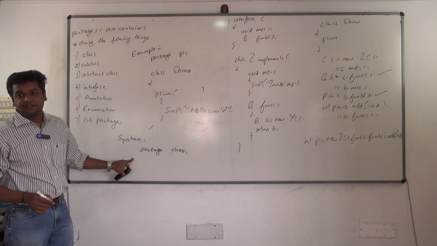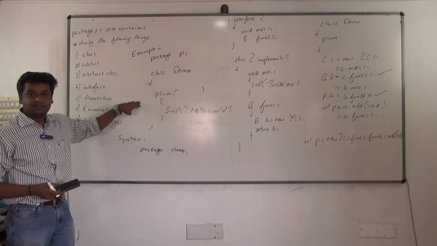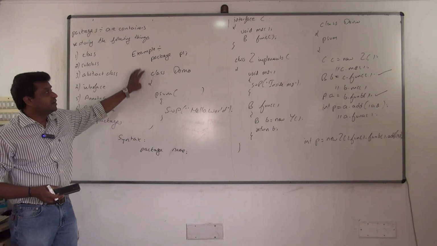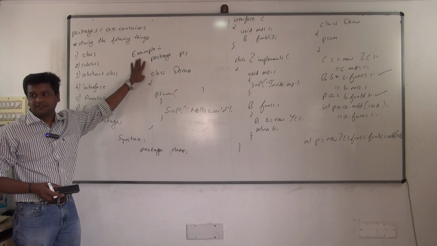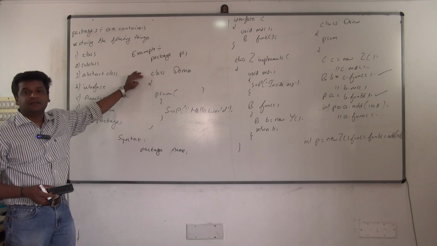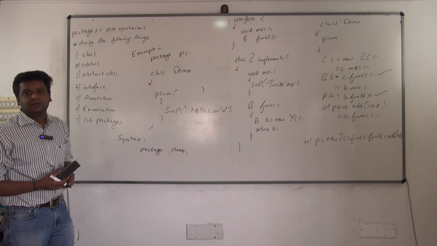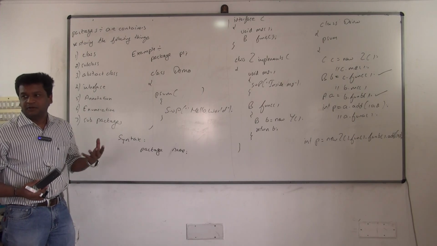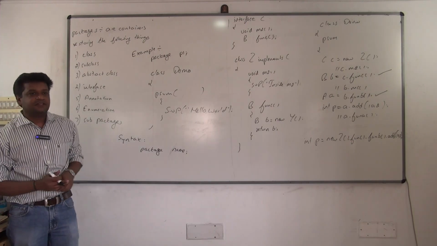This is the syntax, that's the example, and I've shown you with a class itself. And this should be the first line. Which one should be the first line? Package should be the first line. Any file you write, that should be the first line. So I'll put a class in a package. We'll get the output first, and then we'll start understanding what it is, because unless we see the output, we can't discuss the topic. Understood?